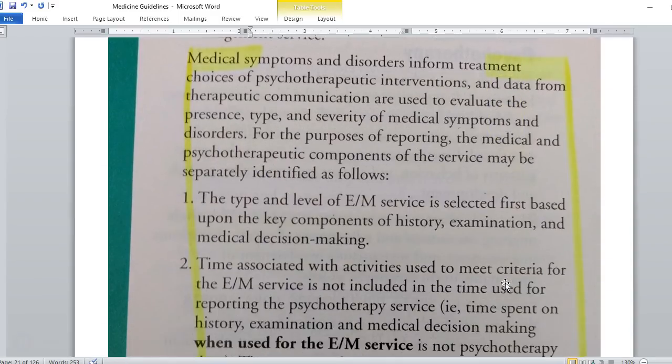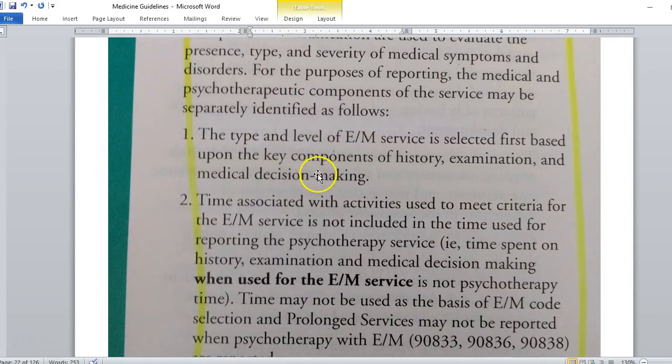Now, they go on to tell us that the medical symptoms and disorders inform treatment, choices of psychotherapeutic intervention, and data from therapeutic communications are used to evaluate the presence, type, and severity of the medical symptoms and disorders. For the purpose of reporting, the medical psychotherapeutic components of a service may be separately identified as follows.